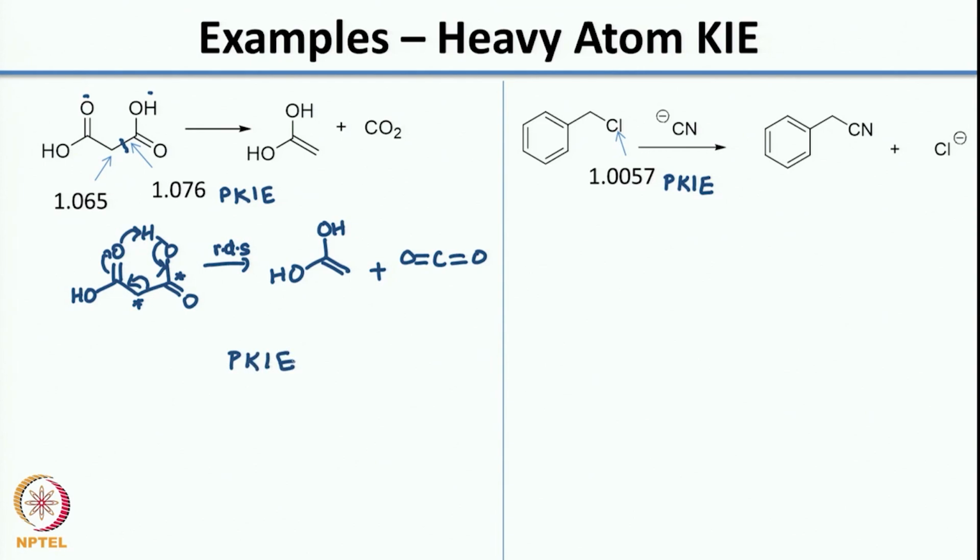Now let us look at the second case. Here based on a primary kinetic isotope effect, I can write two mechanisms. So mechanism 1 is probably more likely given the fact that you have a good nucleophile. So you have Cl and you have CN minus, so it comes in. So this is an SN2 like mechanism, so you get your product.